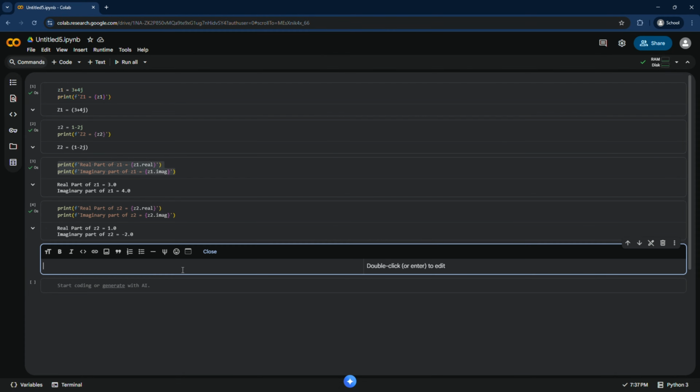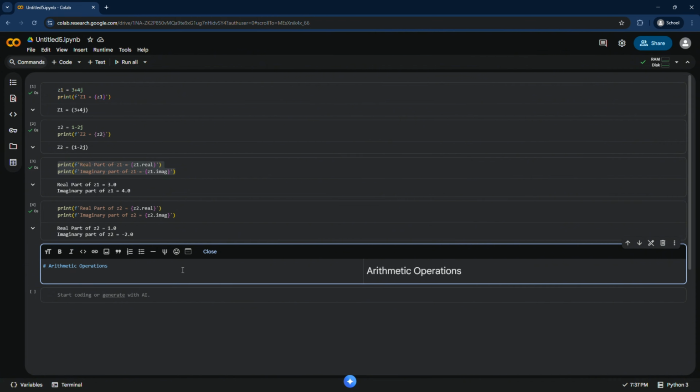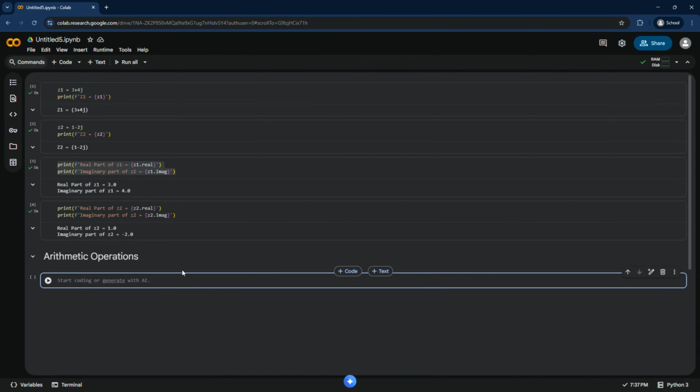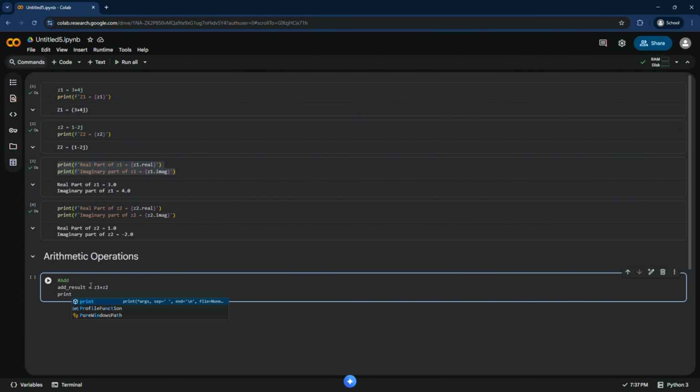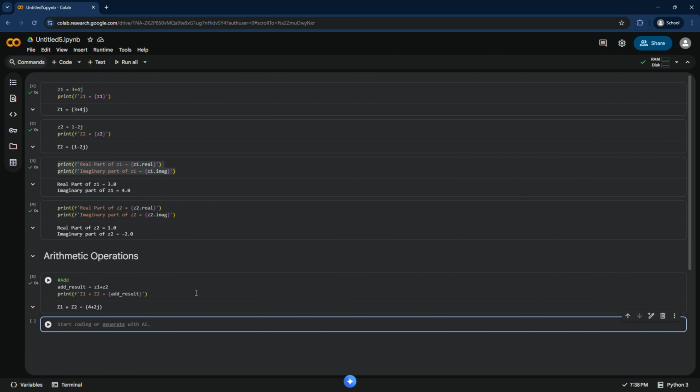Now let's perform the basic arithmetic operations that we discussed. At first add z1 and z2, then print the result. Now perform the subtraction.